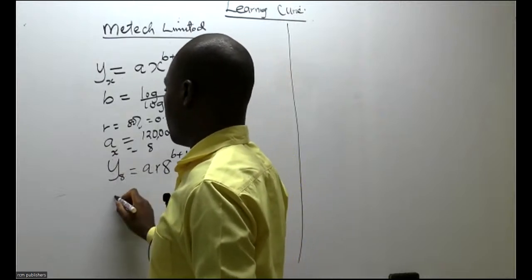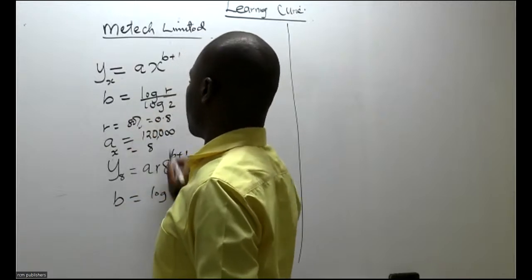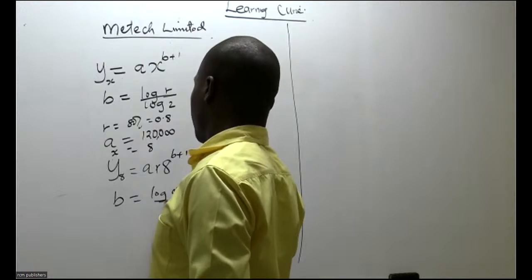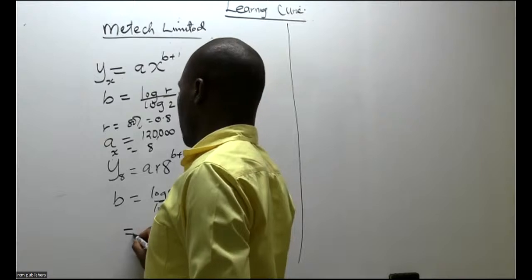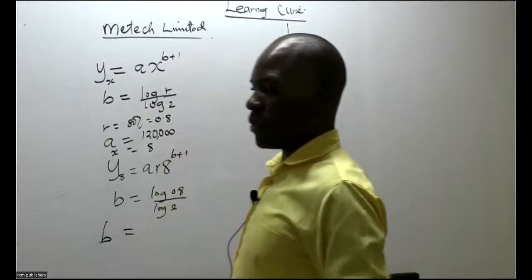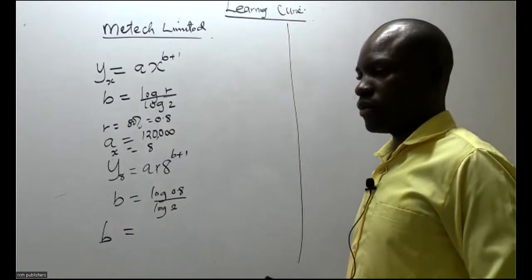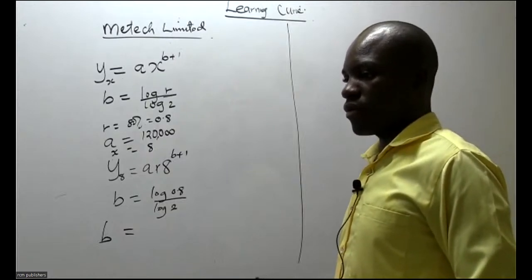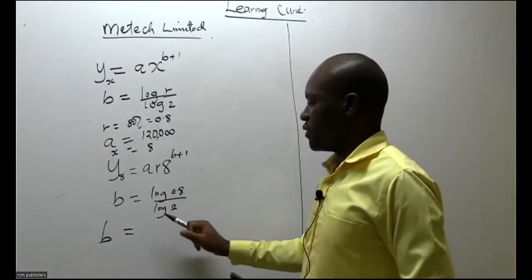We know very well that b is equal to log r, which is 0.8, divided by log 2. So what will be the value of b? Somebody to give us the value of b. Just go to your calculator: log 0.8 divided by log 2.